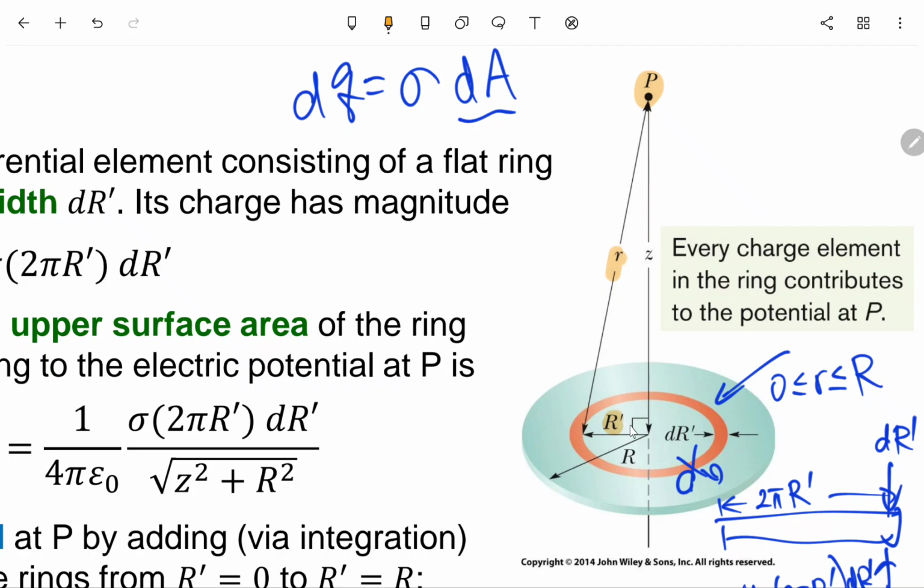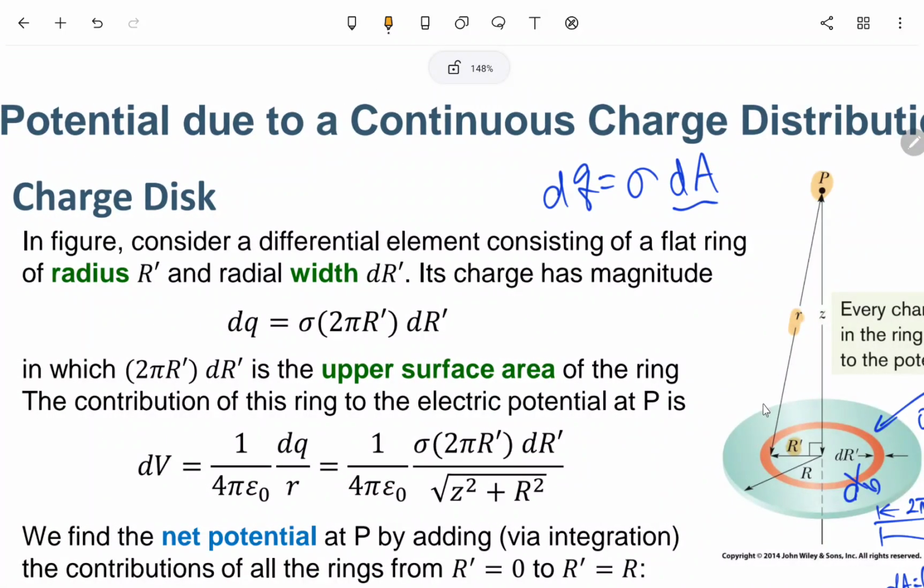So using the Pythagorean theorem, r is the square root of capital R prime squared plus z squared. There should be a prime here too. We should differentiate this one from the full radius.